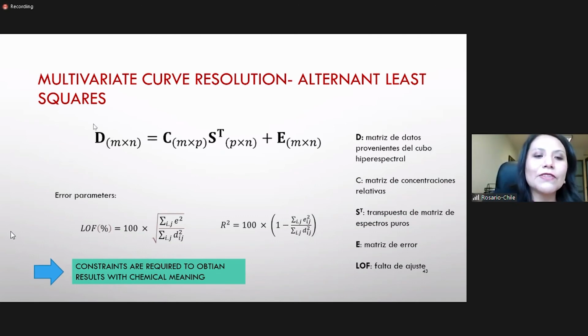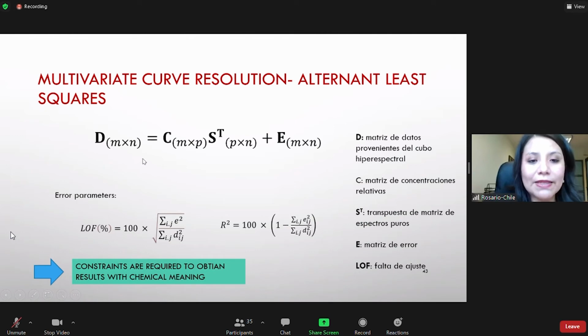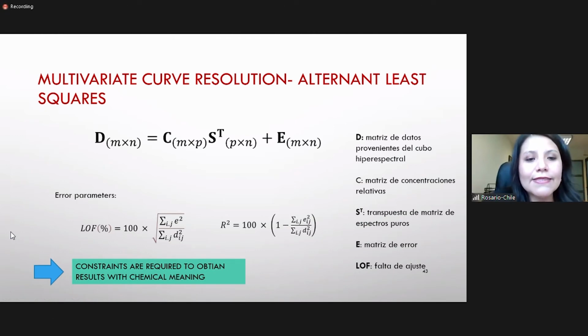The matrix of data or spectra with m samples and any wavelengths, for example, or other properties or rotation times, is discomposed in two matrices. One matrix will be called not scores, but a concentration, relative concentration, because it's not the real concentration, but the relative concentration multiplied by a new matrix called no loading, but a pure spectrum.